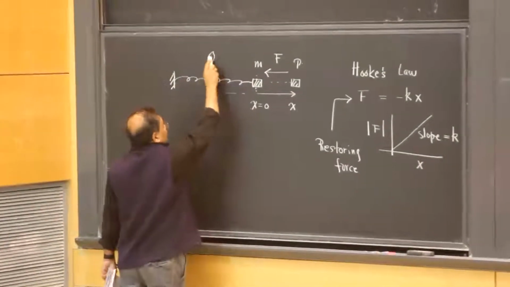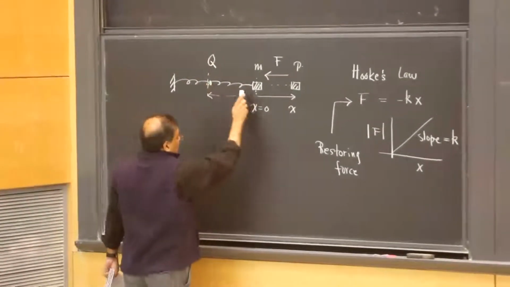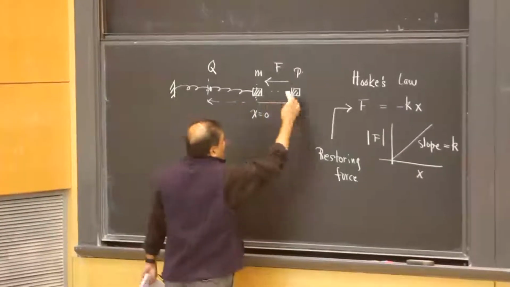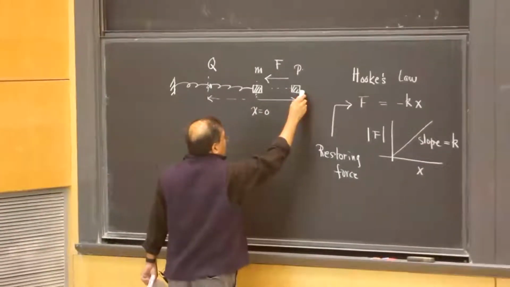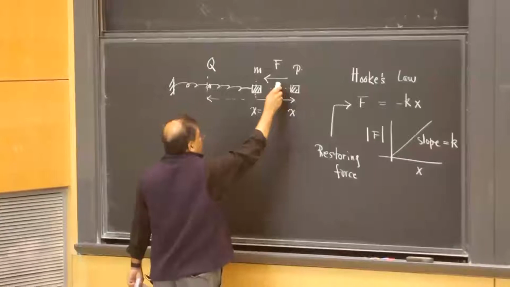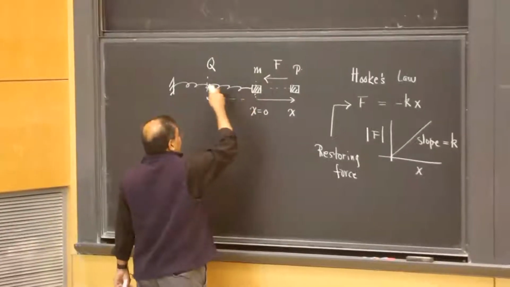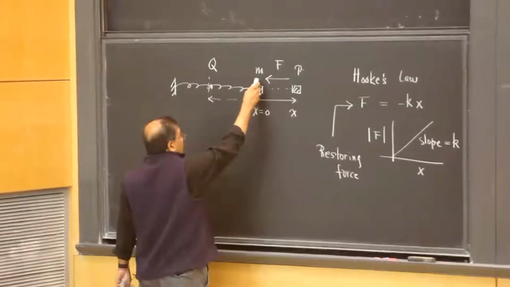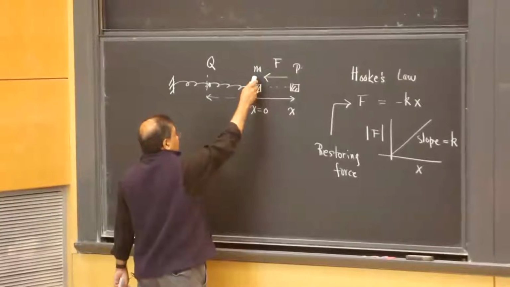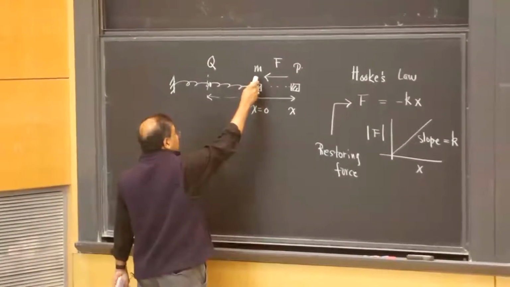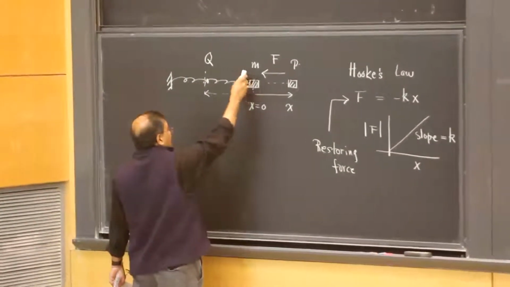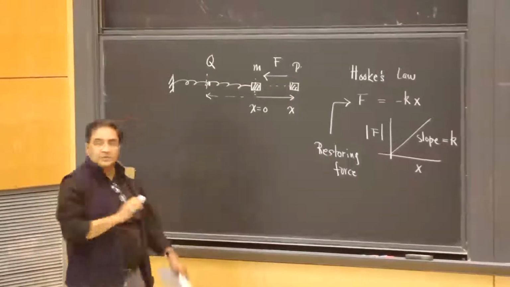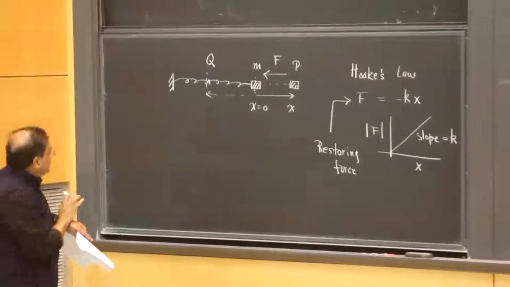So this would be, let's say, my point Q. So the motion started here. It's going to start going back, it's going to speed up, and then the spring is getting compressed. As the spring gets compressed, the spring's energy increases, and it's going to now slow down because the spring is going to resist the compression.